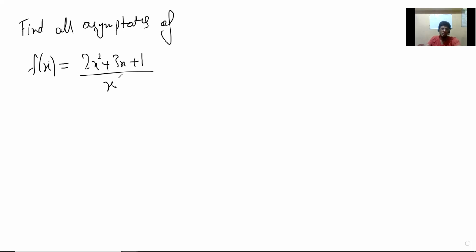Okay, so oblique asymptote. Now x equal to 0. Yeah, so you're saying, no, that's wrong.